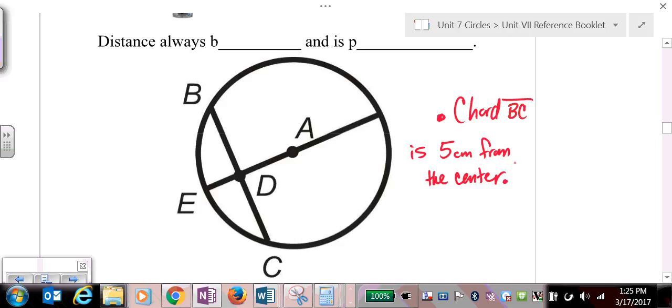I'd like you to physically label that sentence on your diagram. Label your diagram: chord BC is 5 centimeters from the center.